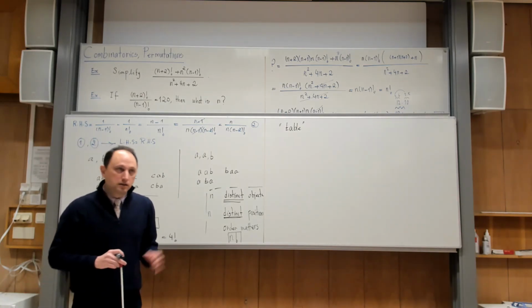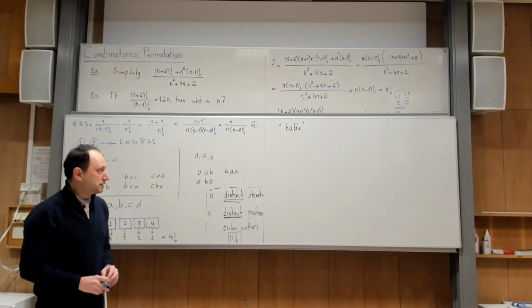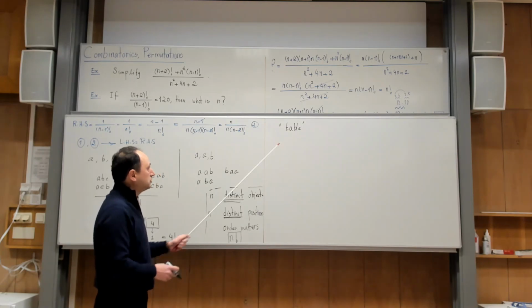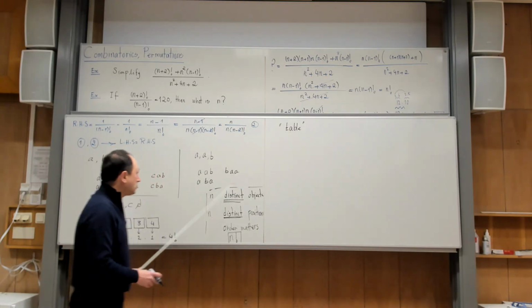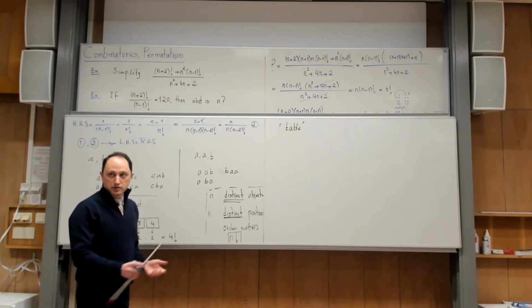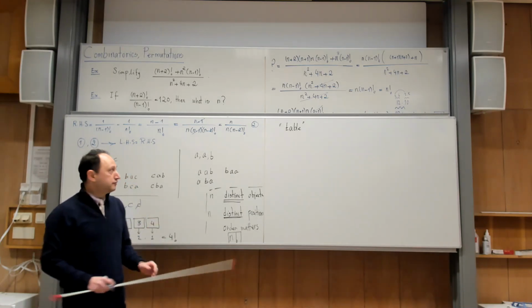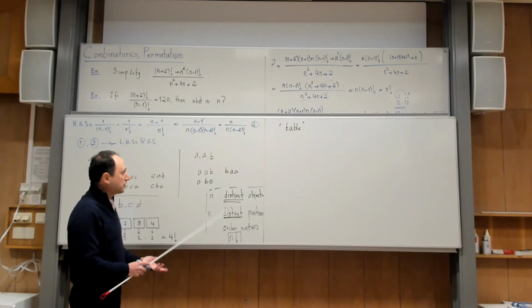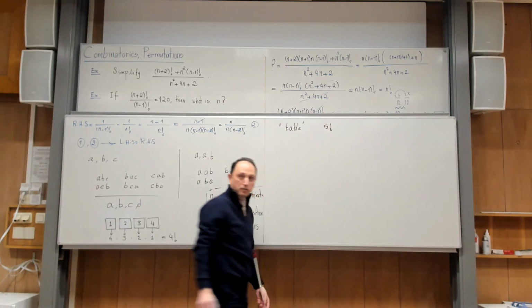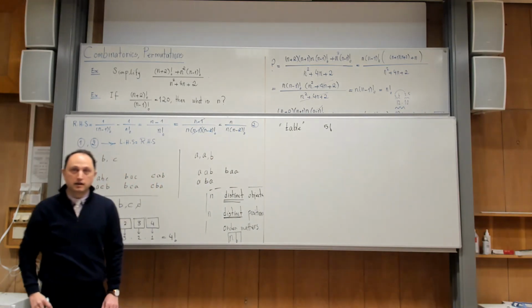Meaningful or meaningless doesn't matter here. How many objects do you see in front of you? 5. Are these objects all distinct? Yes. The order matters, and you want to fill how many positions? 5 positions. So the answer is 5 factorial, for 5-letter words.